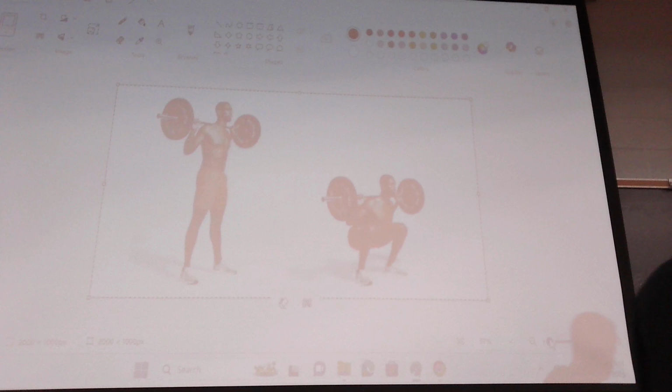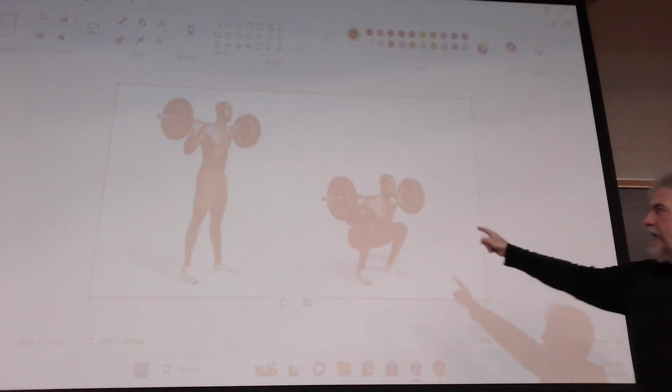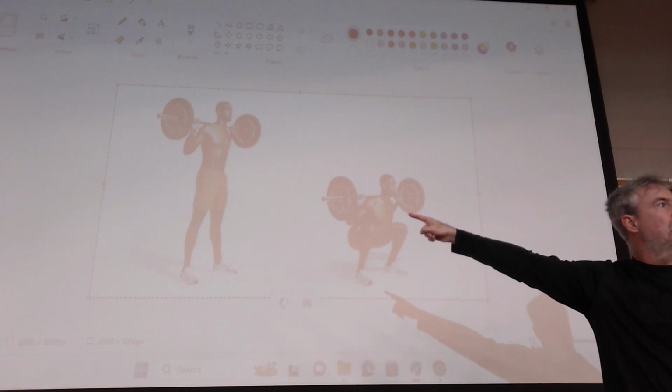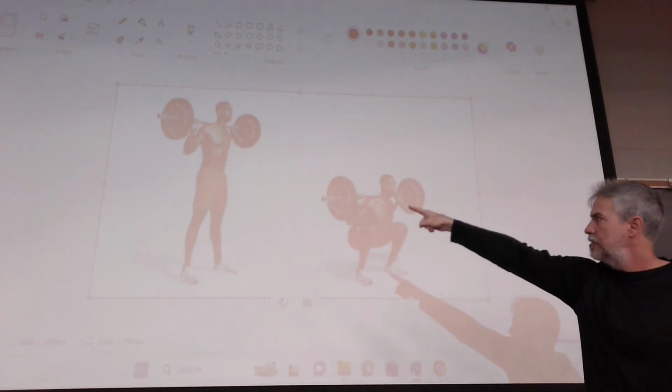Take a few seconds to give it some thought. Right to left would be this to there.